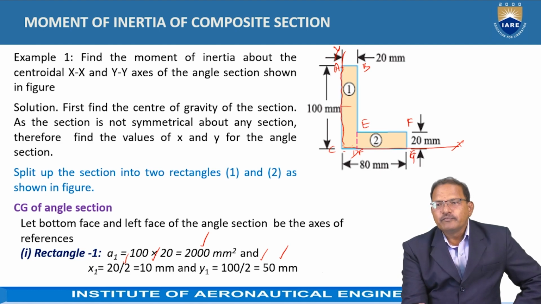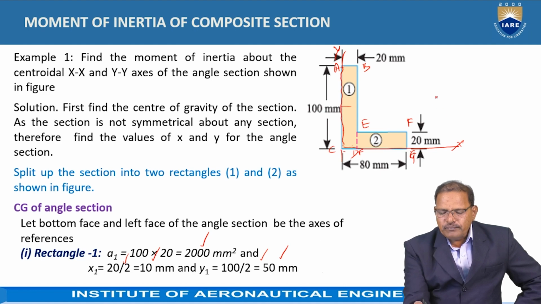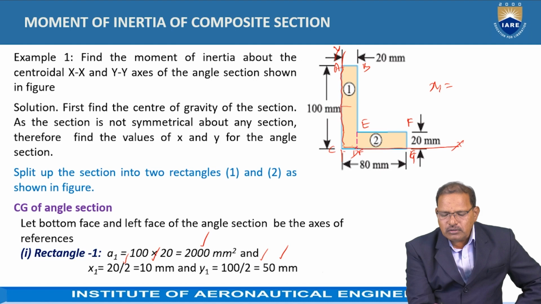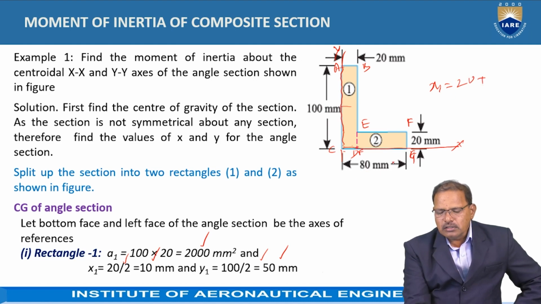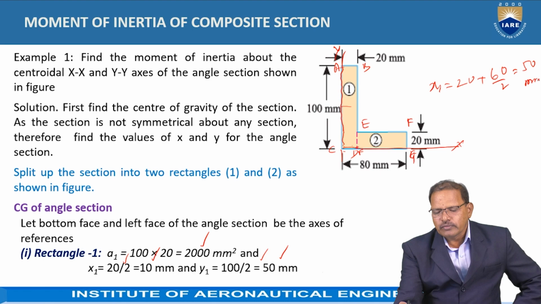Similarly, for the second rectangle, x2 is equal to, we can take it as the thickness given, 20, plus the remaining length 60 by 2, which is equal to 50 mm.